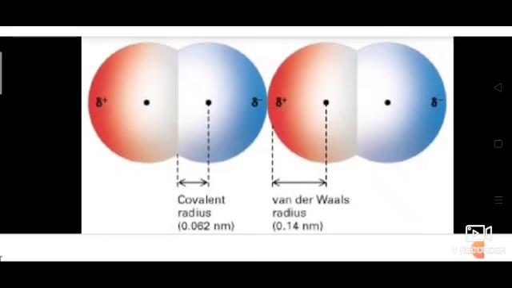For example, magnesium 2 plus is a cation and oxygen 2 minus is an anion. Which is bigger in size? Oxygen will be bigger than magnesium because a cation has less size than the anion.